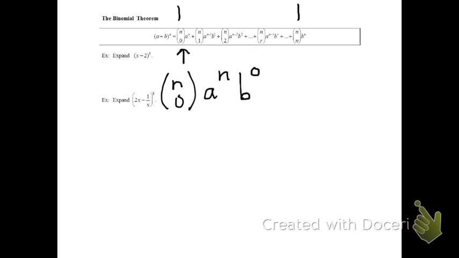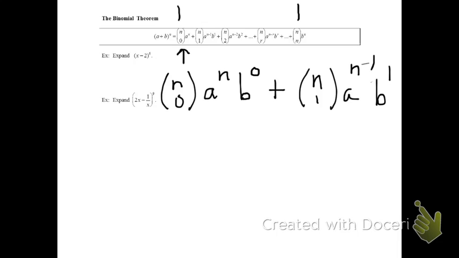So if it was n choose r, it would be a to the power of n, b to the power of r. And then the next term is n choose 1, a to the power of n, b to the power of 1, and so on. Let me just erase this. All right, this is a to the power of n minus 1.